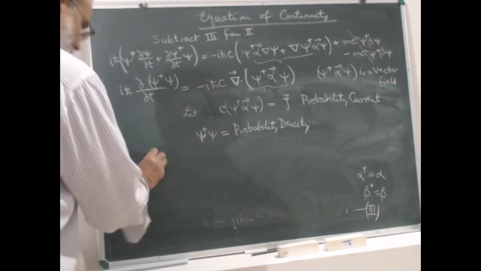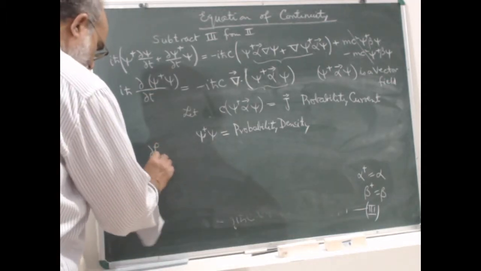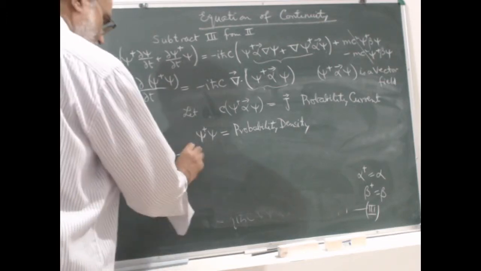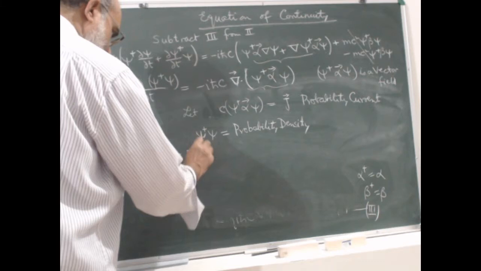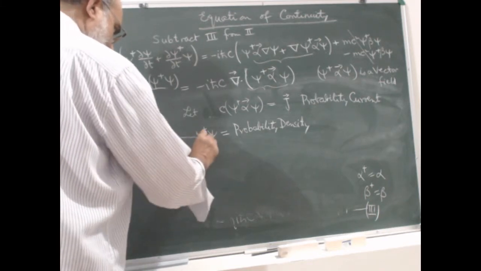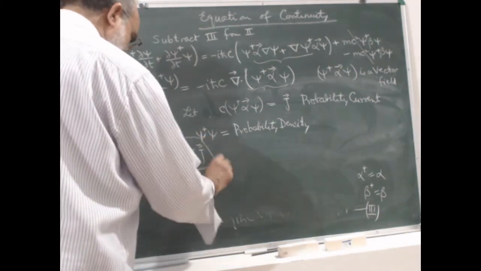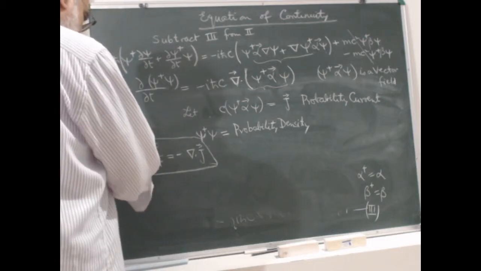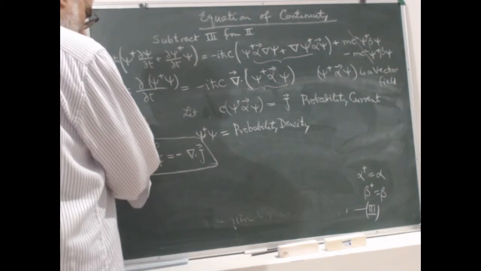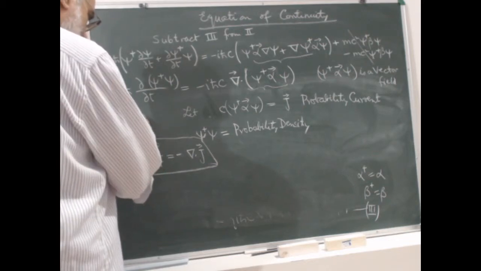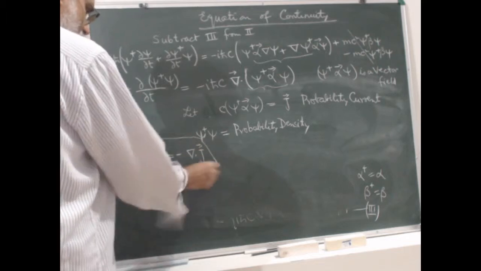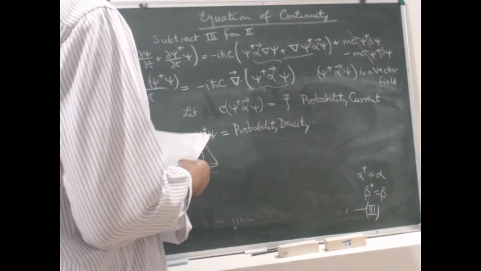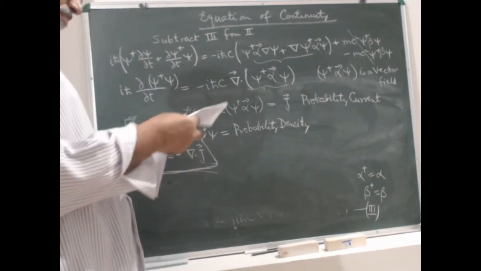So we can write this as d rho by dt, the probability density, is equal to minus divergence of the vector field J, and this is called the equation of continuity. This means any change in the probability density inside a small volume is equal to the flux of the field through this small volume. So this is called the equation of continuity, and we have seen that this Dirac equation follows the equation of continuity.